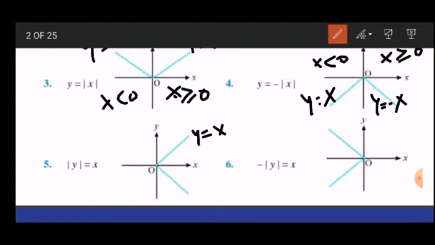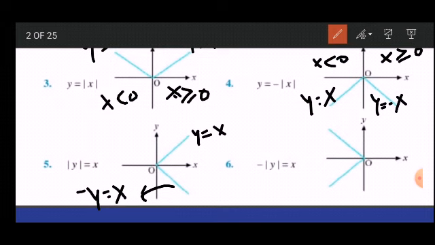But when y is negative, in the negative part, we have to say minus y equal to x. So minus y equal to x shows that y becomes minus x. So y becomes minus x here under the condition when y is negative. So these are the rules strict over the range.